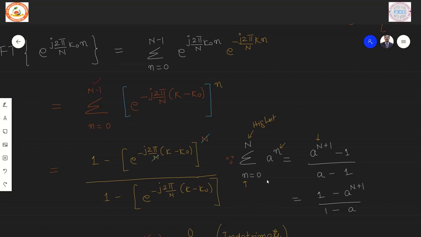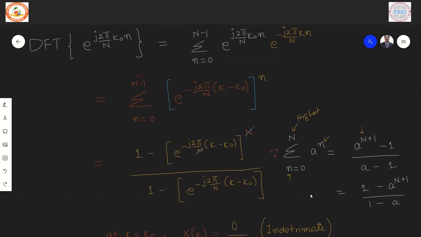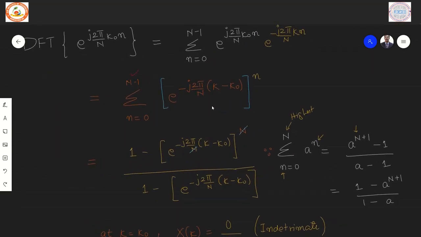So to continue solving this particular problem, now we can express the above summation. We have found that the a value is the value in the bracket, so let us substitute it here. So the expression becomes 1 minus a power of N, because the highest term limit is N minus 1, one more than that, divided by 1 minus e power of minus j2 pi by N into k minus k naught.